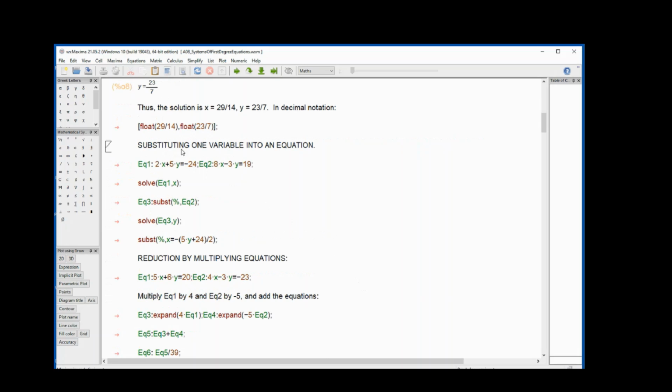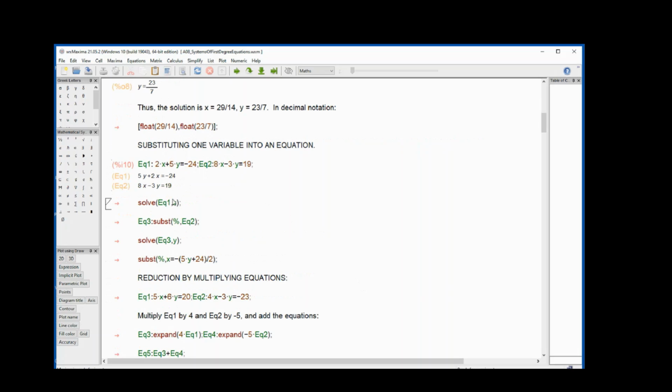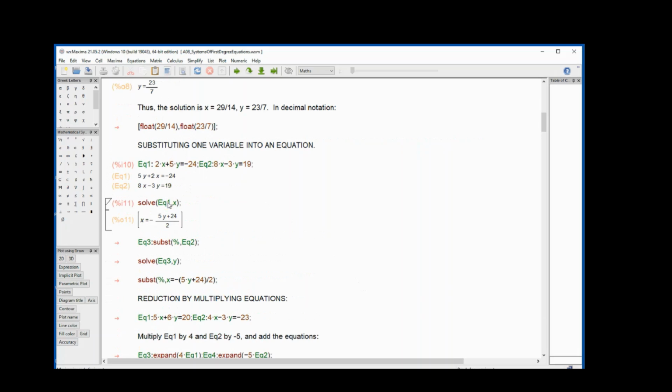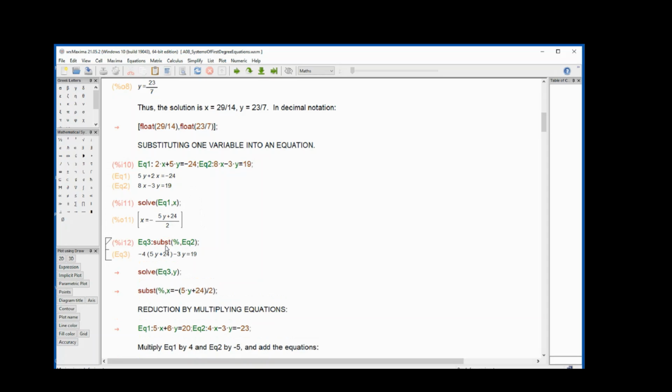We can also do substituting one variable into an equation. For example, if I start with these two values, solve for x from the first one, and substitute that result into equation 2. So I take this value with the minus sign, put it in here, expand. Actually, the substitution Maxima took care of the denominator.